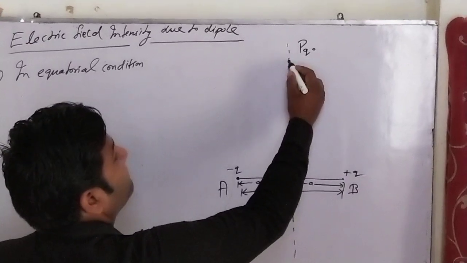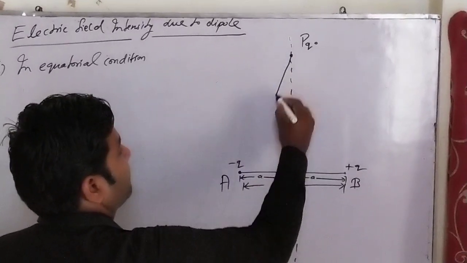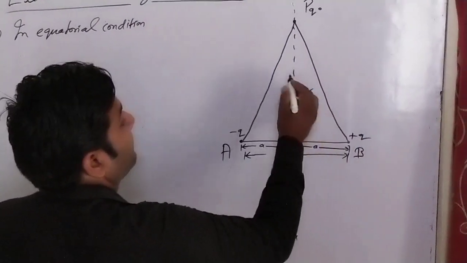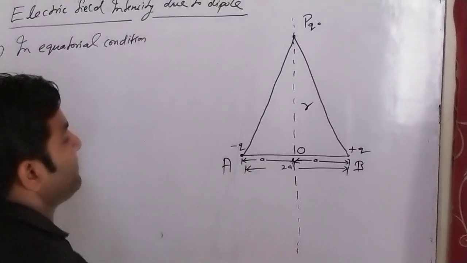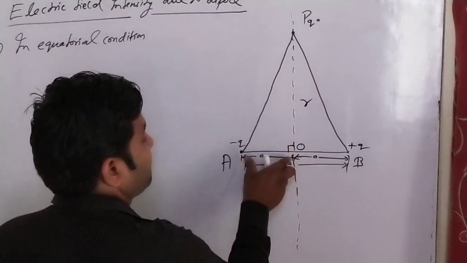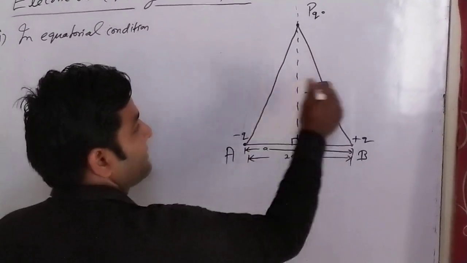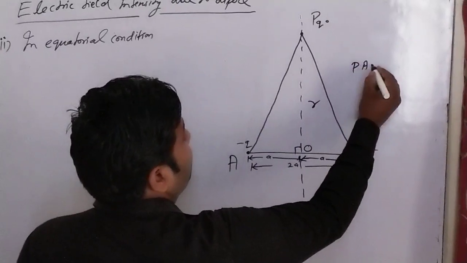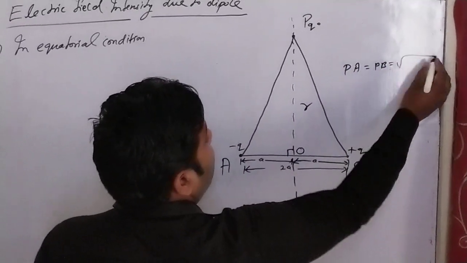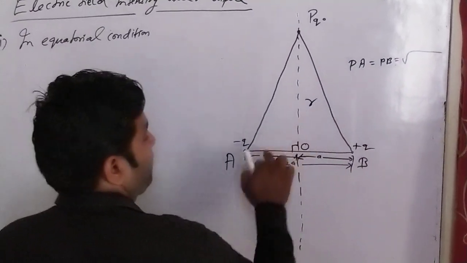Joining P with A and P with B, this is the perpendicular and this is the base. Then the hypotenuse, either PA or PB, both will be equal, is equal to the square root of base square plus perpendicular square.